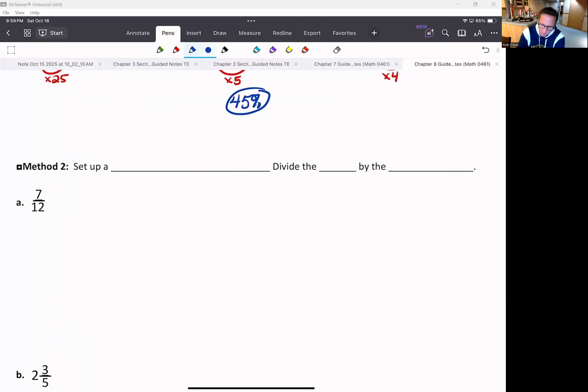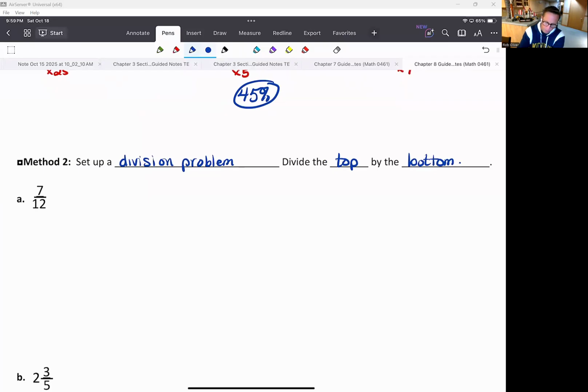Another method is to basically set up a division problem. Divide the top by the bottom, or in other words, the numerator divided by the denominator. So we can just set it up as a division problem. We can just do 7 divided by 12.